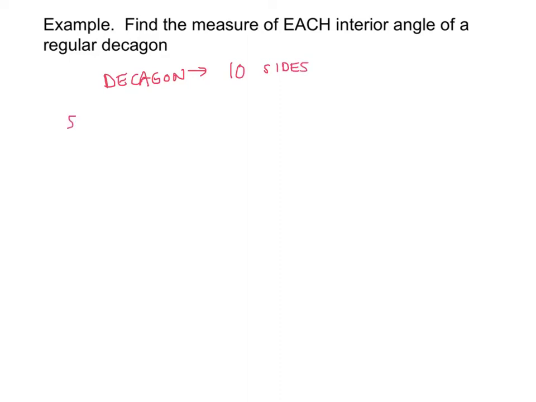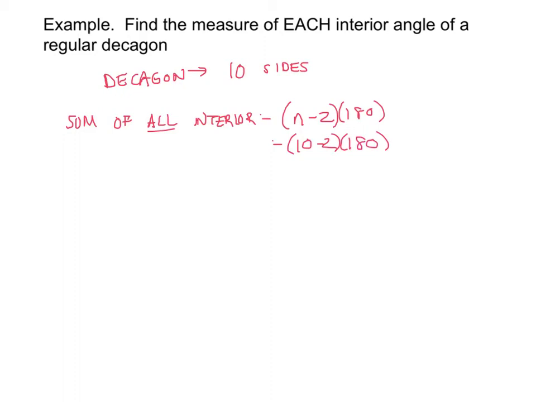So now we ask, what is the sum of all interior angles? This is what we used that theorem for before, and we did the n minus 2 times 180. So meaning we're going to do 10 minus 2 times 180, which is the same as 8 times 180.